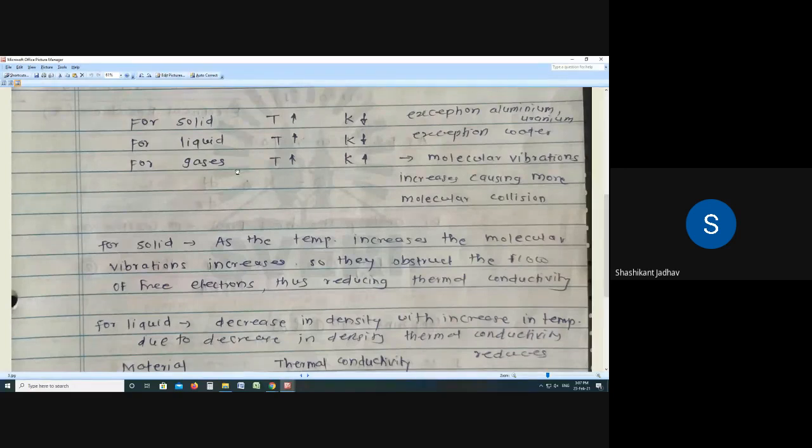Write down for liquids. For liquids, if temperature increases, then thermal conductivity reduces. And what is the reason behind this?